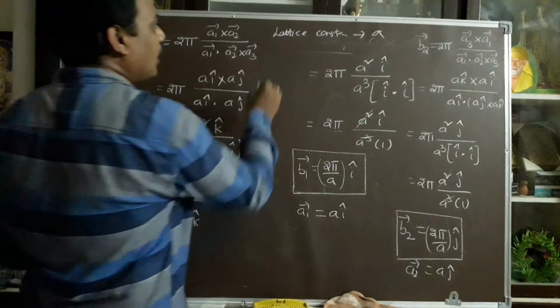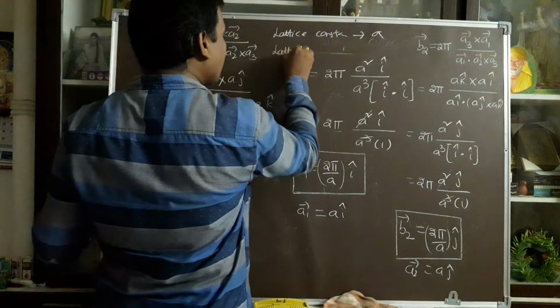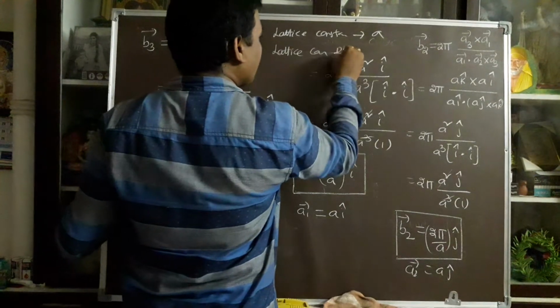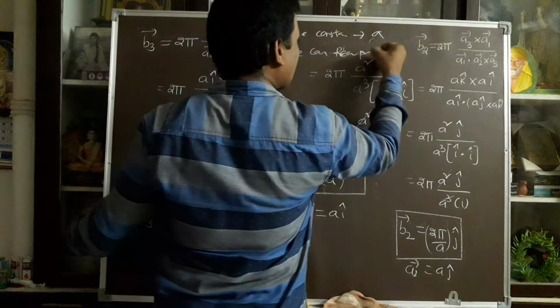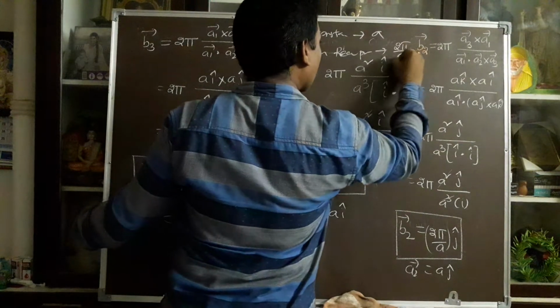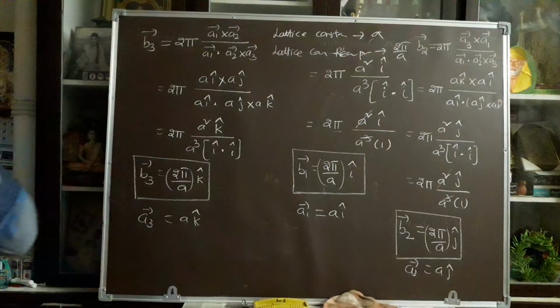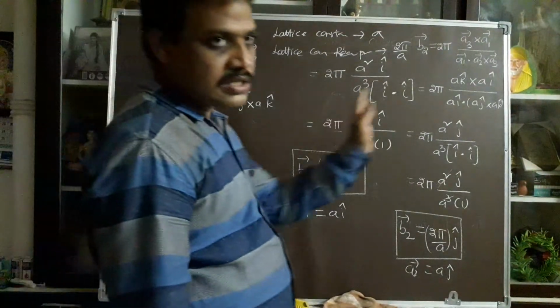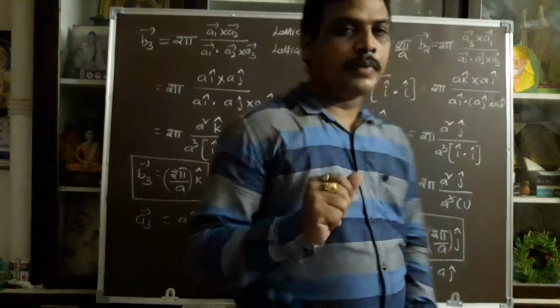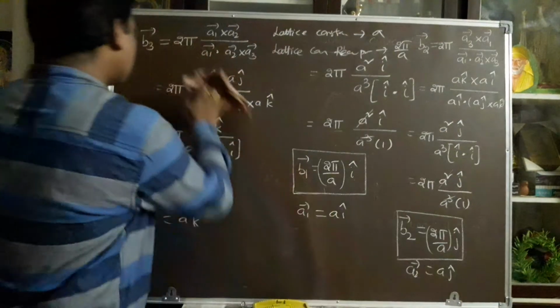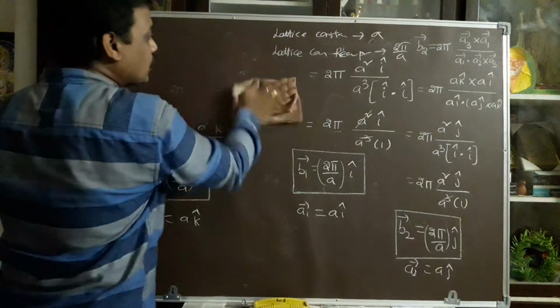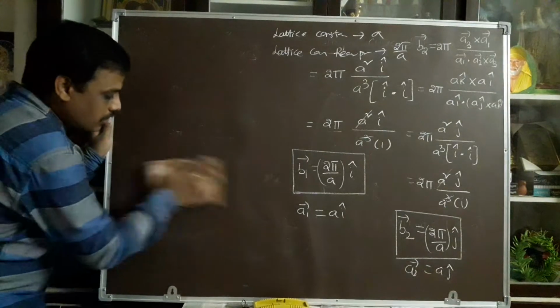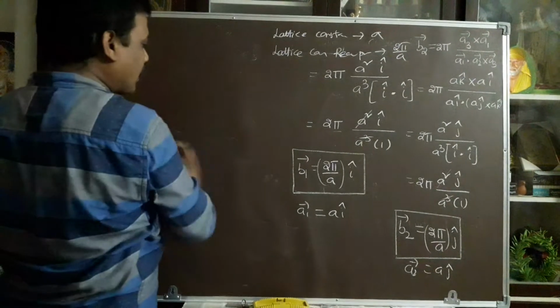You get the lattice constant of the reciprocal lattice as 2 pi by A. The simple cubic structure in reciprocal lattice is also a simple cubic structure, but the reciprocal lattice constant is 2 pi by A. So according to our deduction, finally we conclude that.